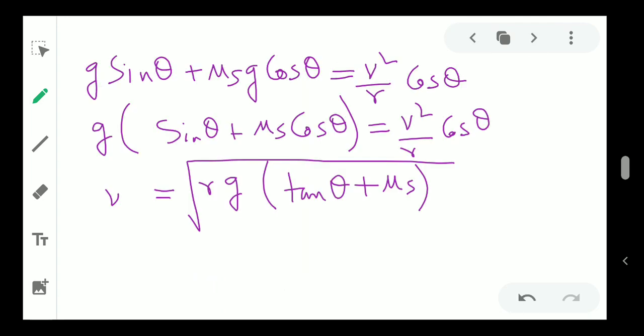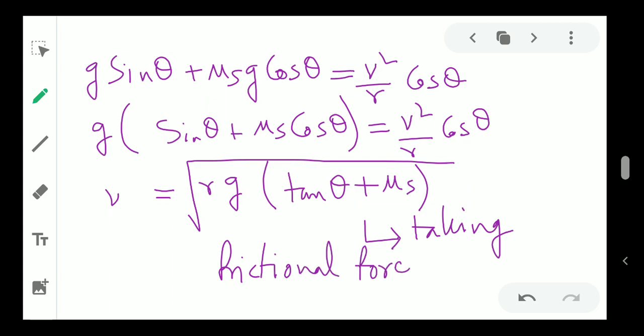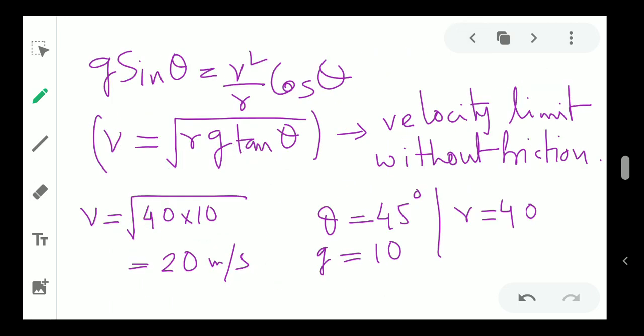So we can easily see that in this case, if we take the frictional force as well, this v is much larger than the v out here, which can be lesser.